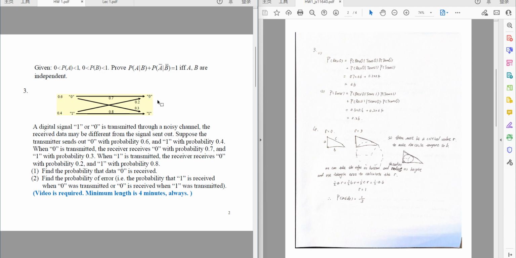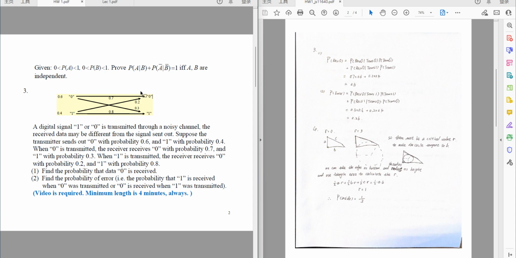As shown in the figure, there are two situations in which 0 is received: sending 0 and receiving 0, and sending 1 and receiving 0. So we can write down the following.